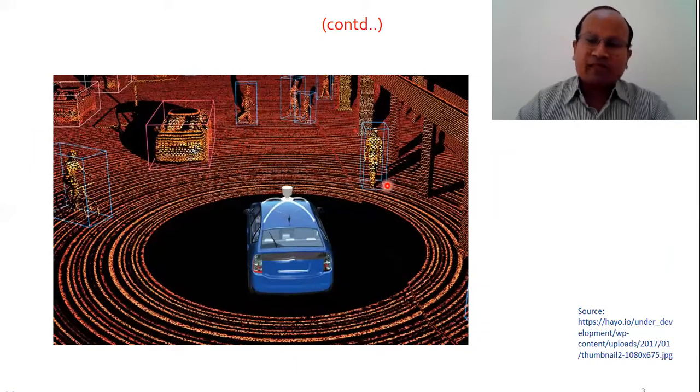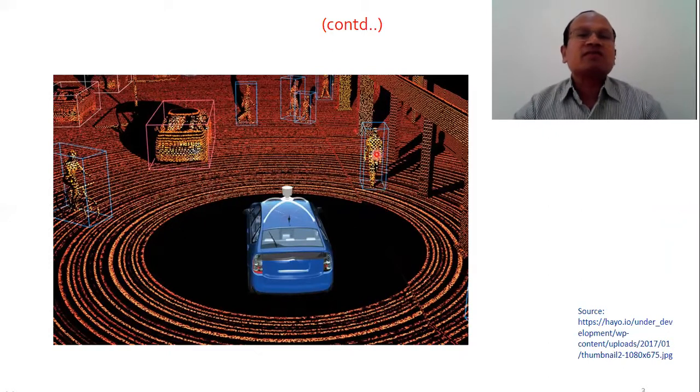This is one example, which highlights that there are persons and many objects surrounding. The automatic or driverless car is surrounded by a number of objects and even other vehicles. The person who is cycling, the person who is walking, another vehicle, buildings, so many other things are there.